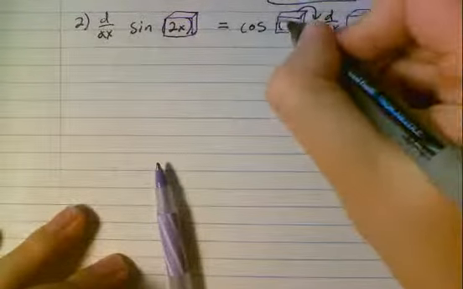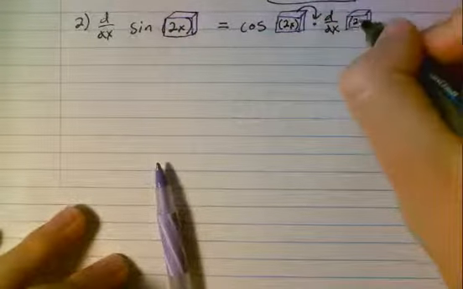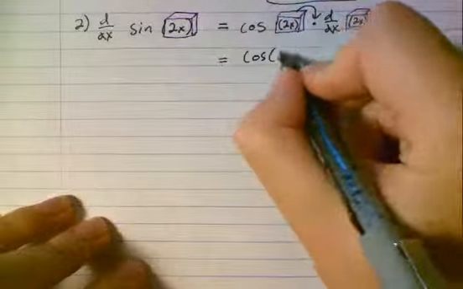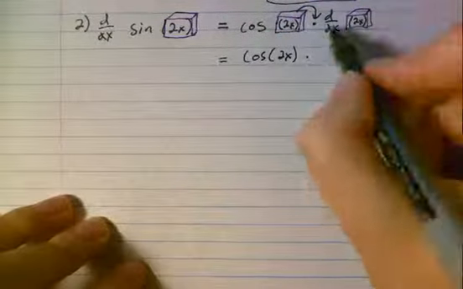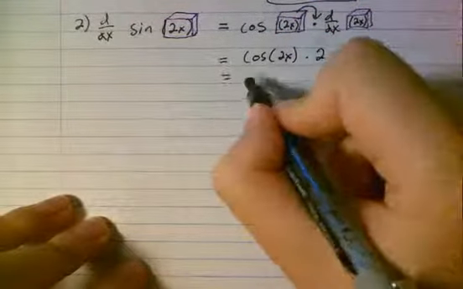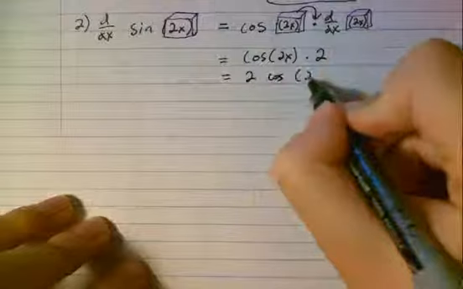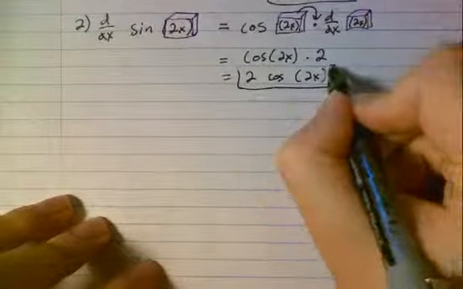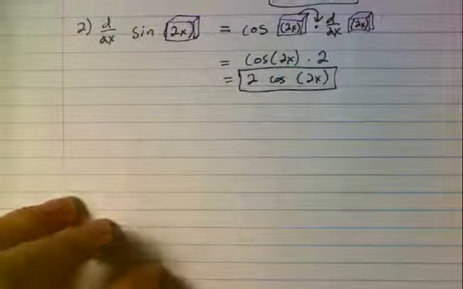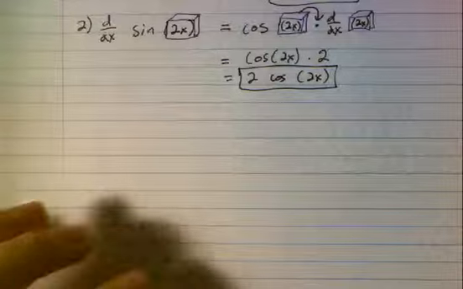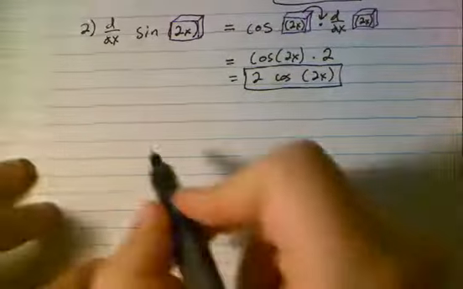In this case, this was 2x. So cosine of 2x, then the derivative of 2x is just 2, or 2 cosine 2x. This happens with all sorts of trigonometric functions.